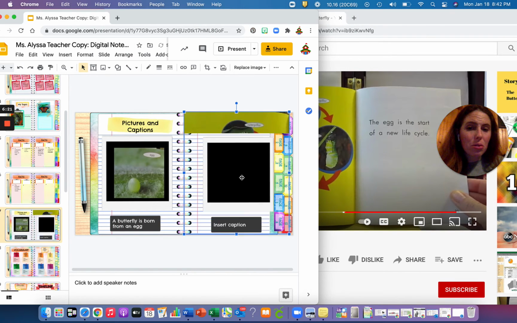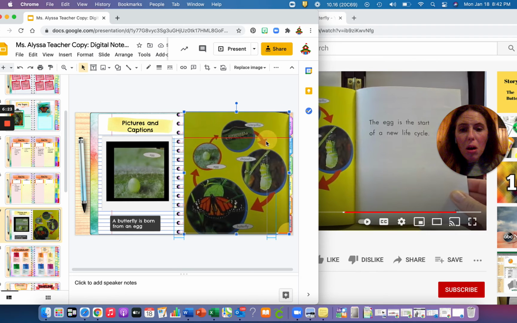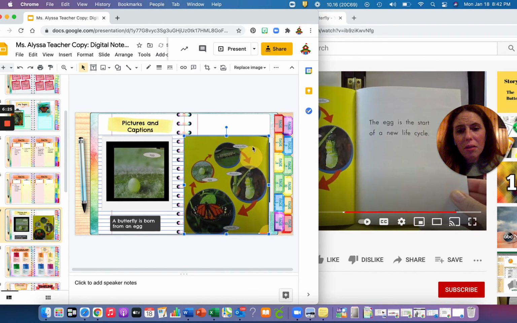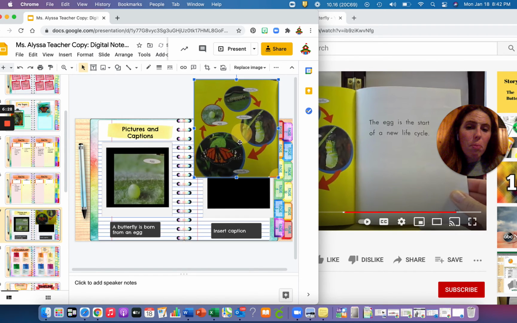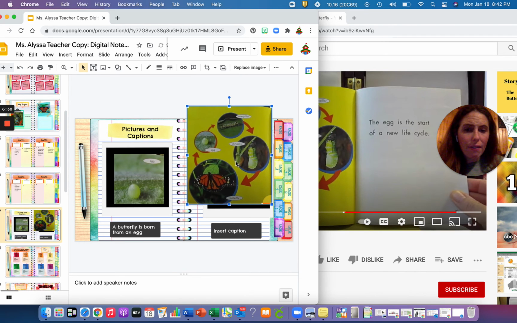And as it loads, I can make it a little smaller so it fits on my screen. Because it's my notebook, I can adjust it however I need to. And I'm going to say in my caption, this is the life cycle of a butterfly.